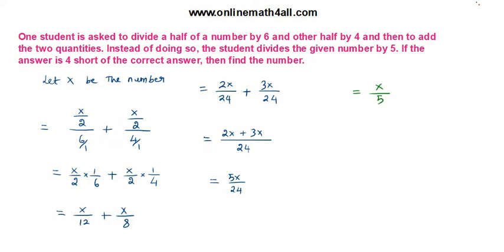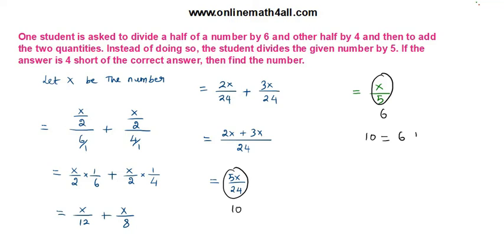When we compare 5x over 24 and x over 5, this x over 5 is 4 short of the correct answer. For example, this is the actual result, the correct answer. If the value of the correct answer is just 10, then the value of the result received by the student will be 6. We know that 10 and 6 cannot be equal.